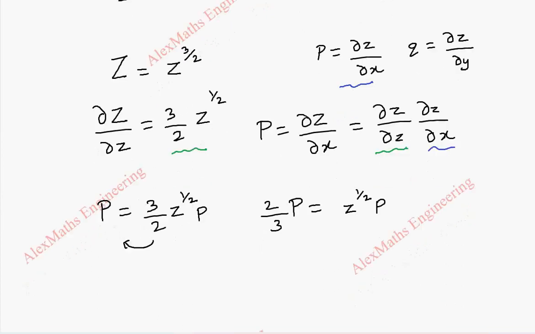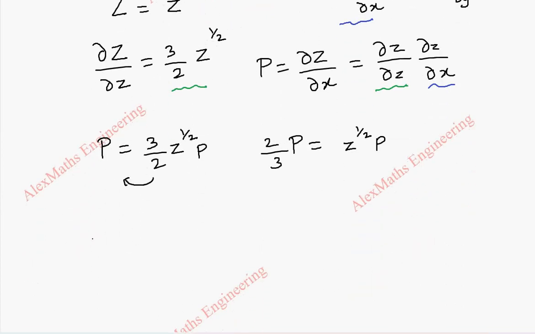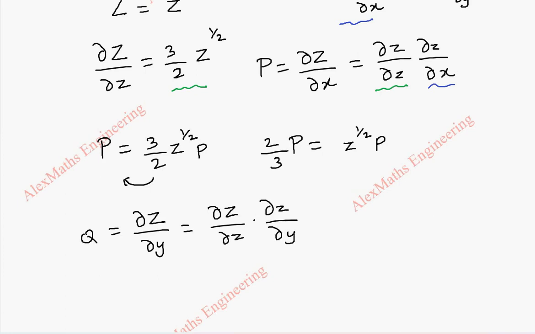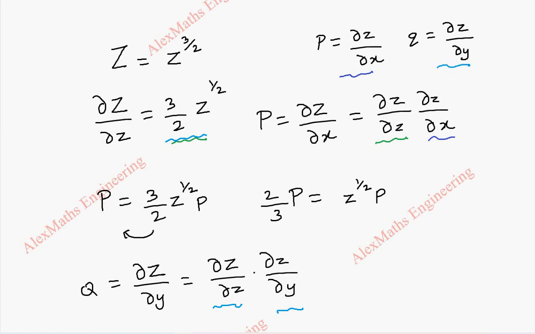In the same way, let's work out capital Q, which is dou capital Z by dou y. When it is rewritten as dou capital Z by dou small z into dou small z by dou y, we can substitute dou capital Z by dou small z as 3 by 2 z power half, and dou z by dou y becomes q.